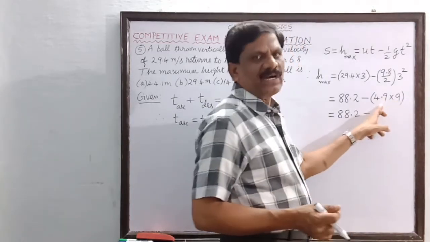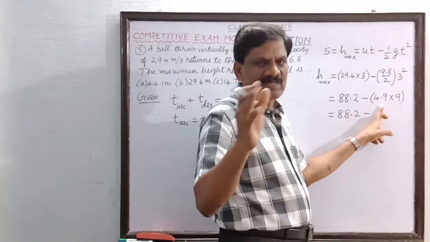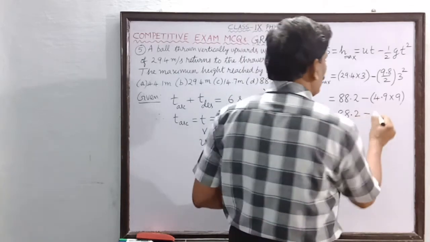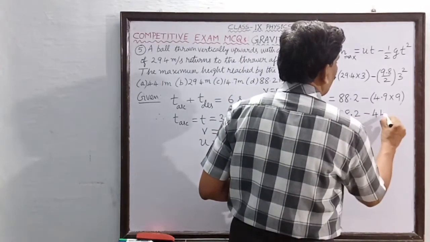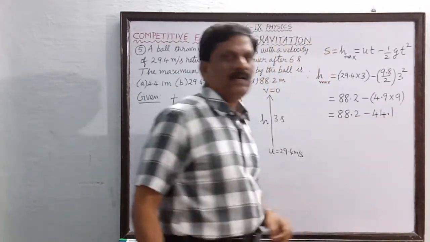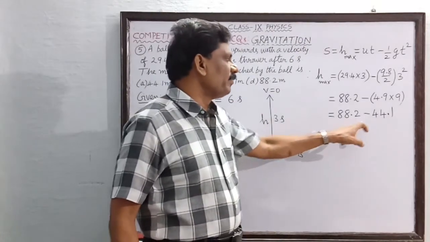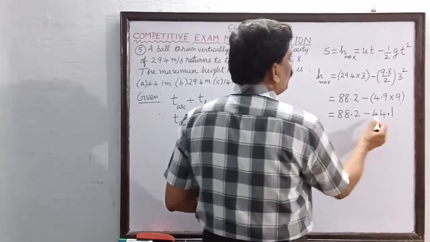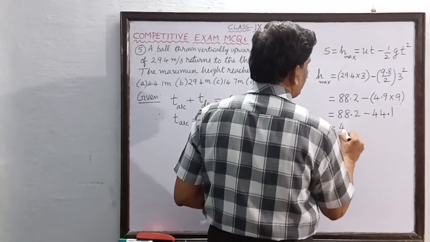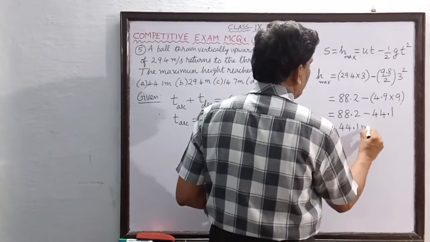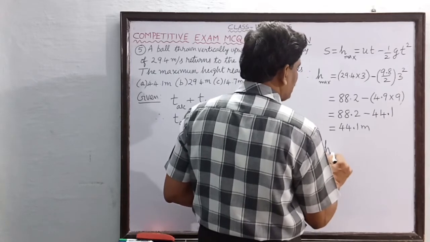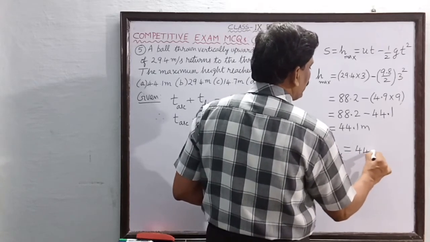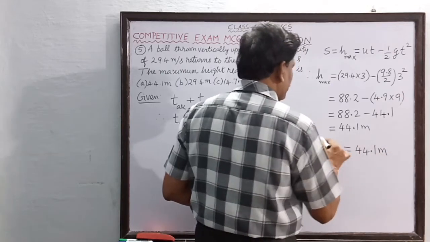So 9 fives are 45 should come, is it not? Some value between 44 and 45 should come. You multiply and find out that it is equal to 44.1. Half of 88.2 is 44.1. So this is 88.2 minus 44.1, that is equal to 44.1 meter. Therefore, the maximum height reached by the ball is equal to 44.1 meter.